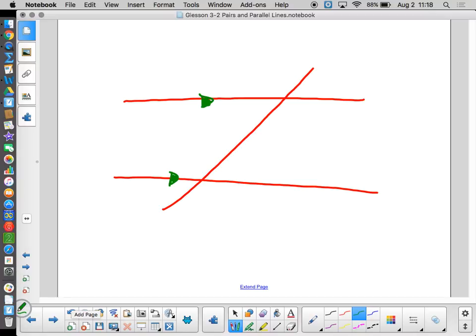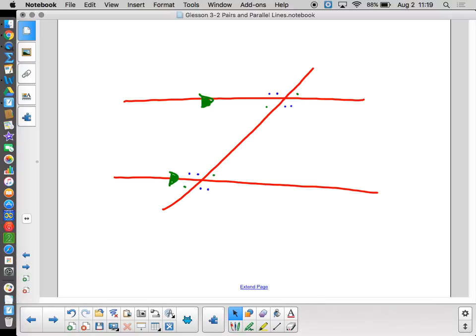If we look at this picture, we can see I've got four acute angles and four obtuse angles. Well, an acute angle is not going to be congruent to an obtuse angle. That's only common sense. But guess what? All four of those acute angles are congruent, and all four of the obtuse angles are congruent.